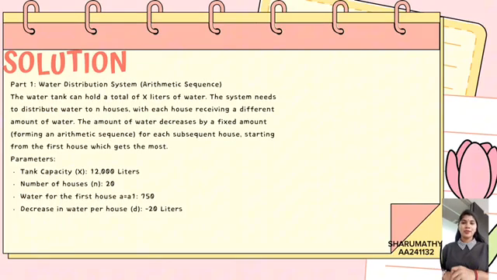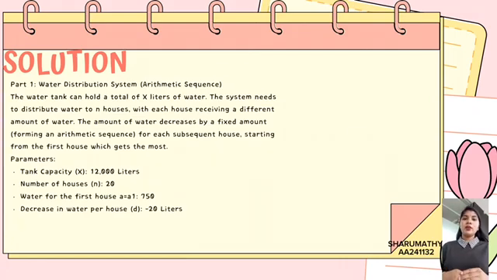Now I'm presenting about the solution. First, the water distribution system. Use an arithmetic sequence to distribute water where the water distributed to each house decreases by a fixed amount, which is D, starting from the first house, which is A1.